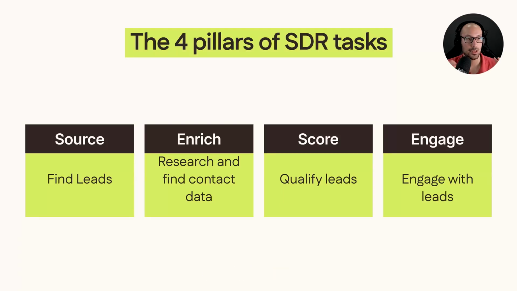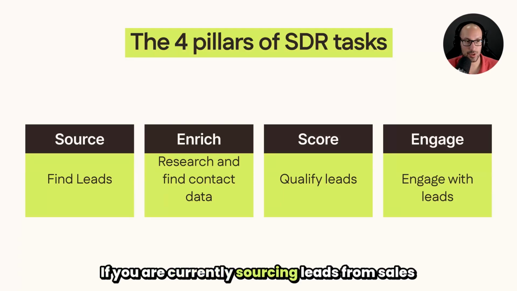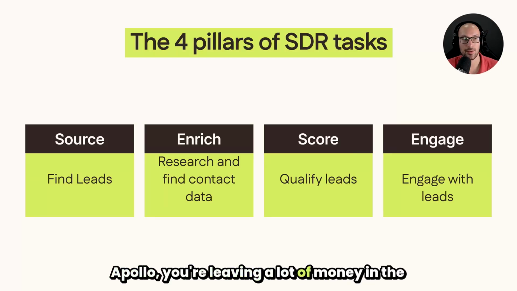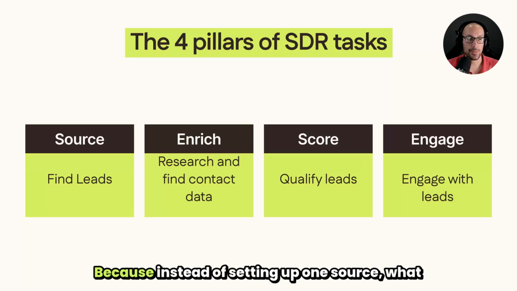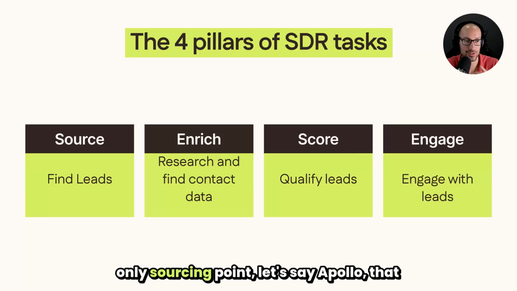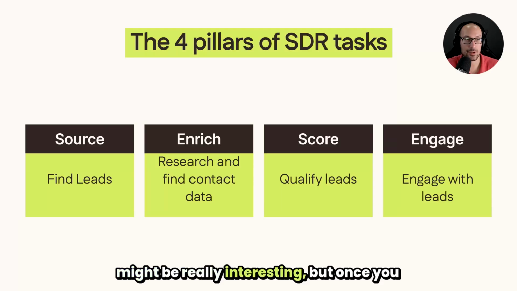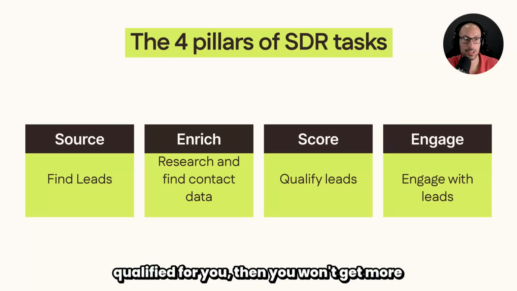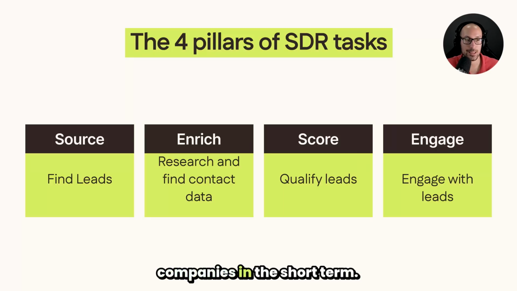Sourcing. If you are currently sourcing leads from Sales Navigator or Apollo, you are leaving a lot of money on the table. Because instead of setting up only one sourcing point, let's say Apollo, which might be really interesting, once you source all the companies and all the leads are qualified for you, you won't get more companies in the short term.